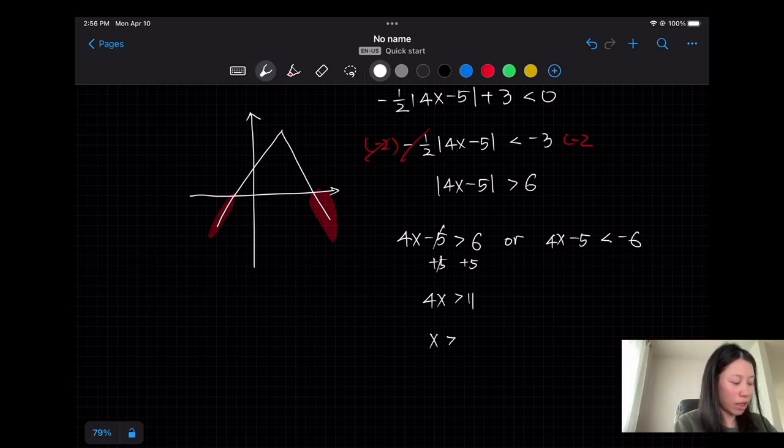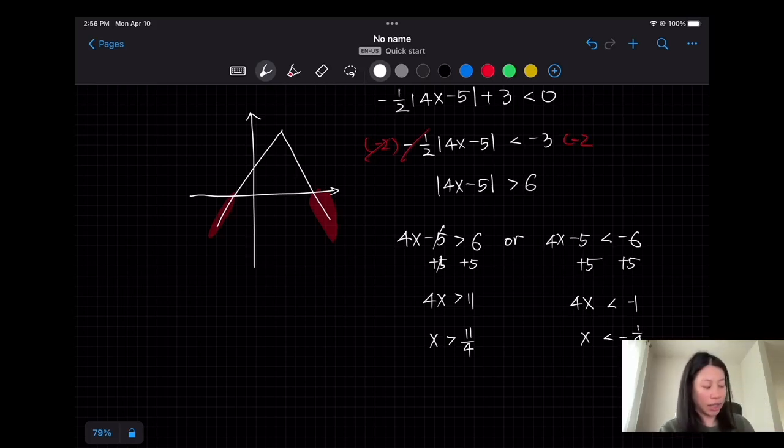So that means x has to be greater than 11/4. On the other side, adding 5 on both sides, I have 4x less than negative 1, divided by 4 on both sides. I got x less than negative 1/4. So on the graph, here should be negative 1/4. Here should be 11/4.